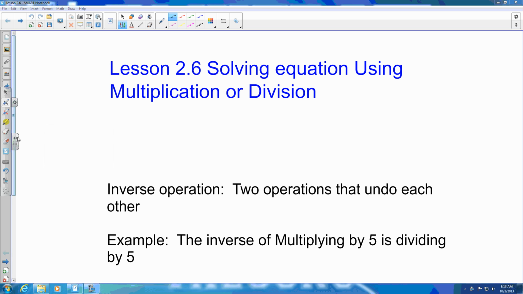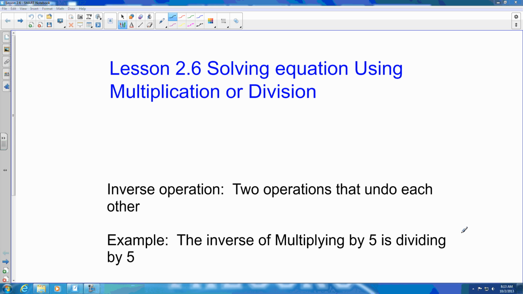Okay, we are in section 2.6 where we are solving using multiplication or division. In section 2.5, we talked about equations with addition and subtraction. This is very similar, but this is when we are given a coefficient with our variable.